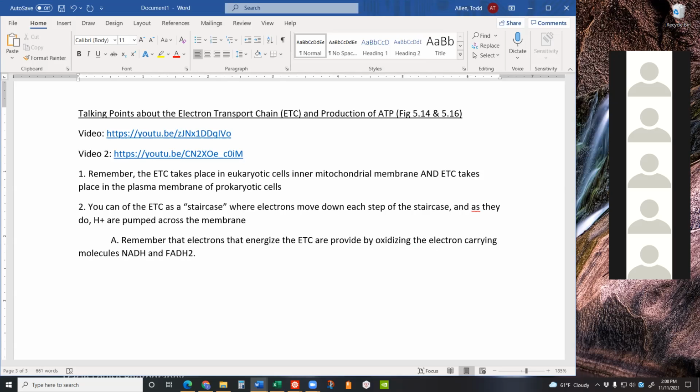When you strip the electron away from it, the hydrogen atom becomes a hydrogen ion. You push the electrons and the hydrogen ion into FMN, and the electrons begin their journey down the staircase, and the hydrogen ion gets pushed to the other side of the membrane. Okay. All right. Thoughts or questions?